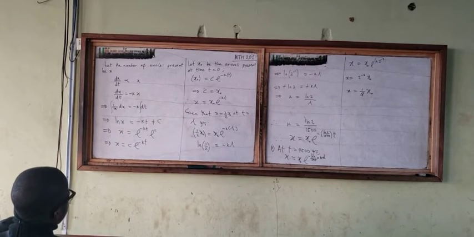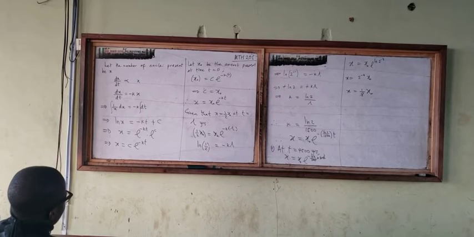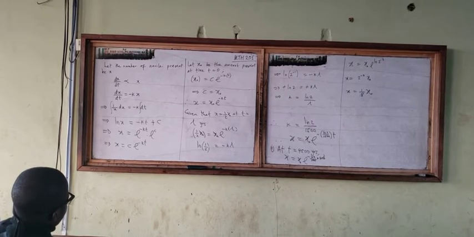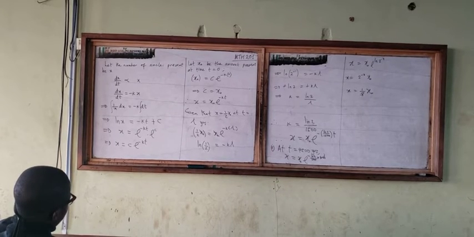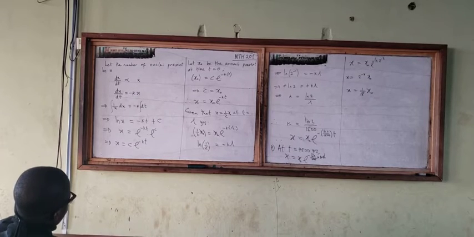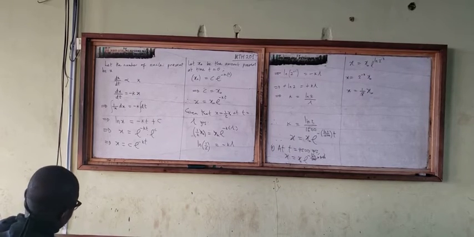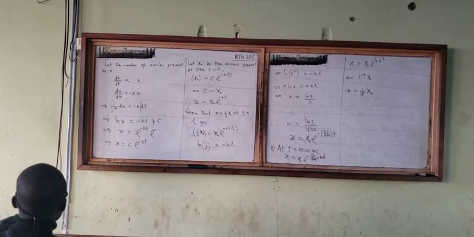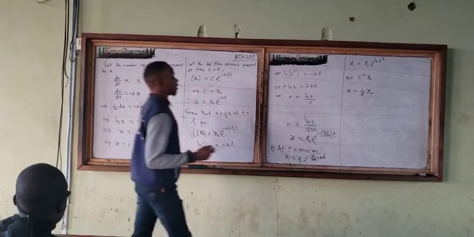After the first half-life, you're going to have only x naught over 2 left. After the second half-life, you're going to have x naught over 4 left. And after the third half-life, you're going to have x naught over 8 left. Do you understand what I just said?